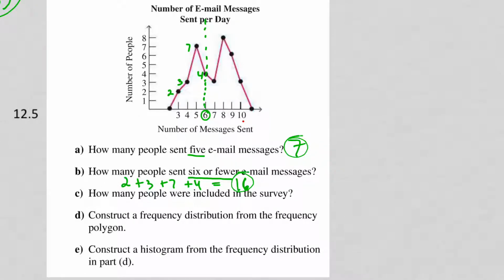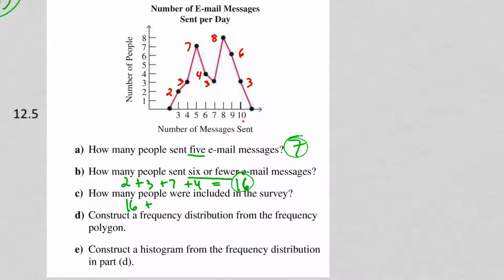Okay, how many people were included in the survey? That means that we need to figure out all the numbers. So this is 2, 3, 7, 4, 3, 8, 6, and 3. If we add those up, actually we can add up everything from 6 and to the left, which is 16.